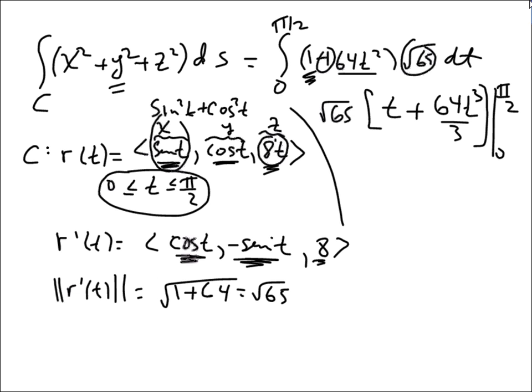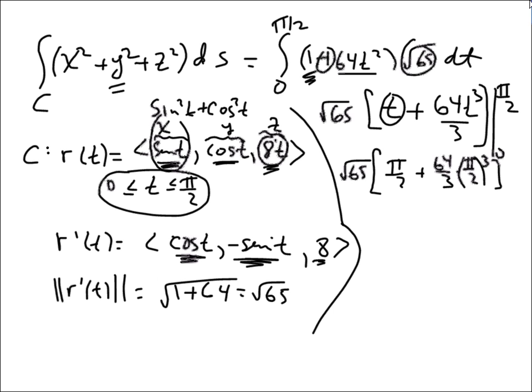Well, when you plug in 0, I hope you see you're going to get 0. So we just need to plug in pi over 2. That gives you pi over 2 plus 64 thirds times pi over 2 cubed. I factor out pi over 2. You get square root of 65 pi over 2.